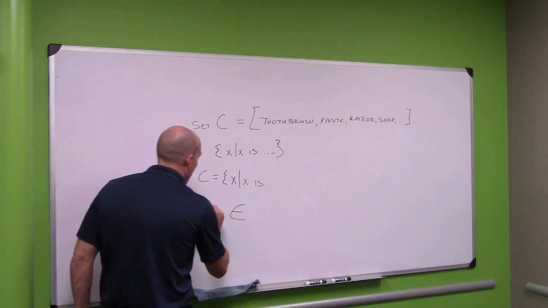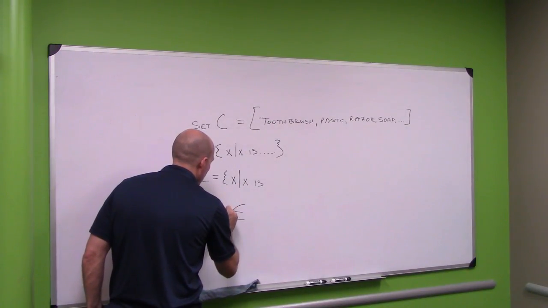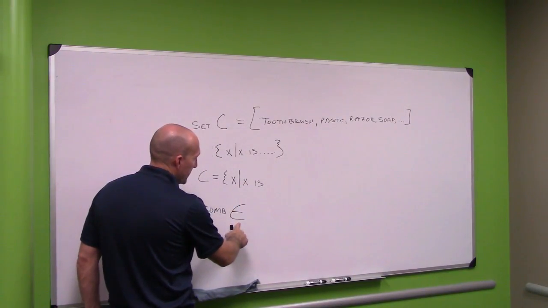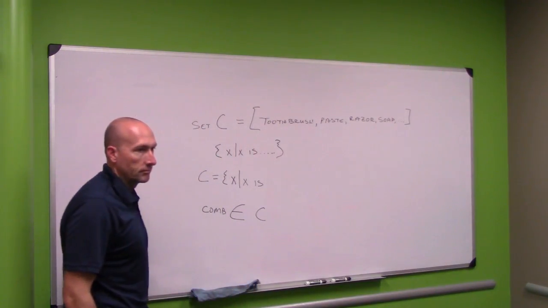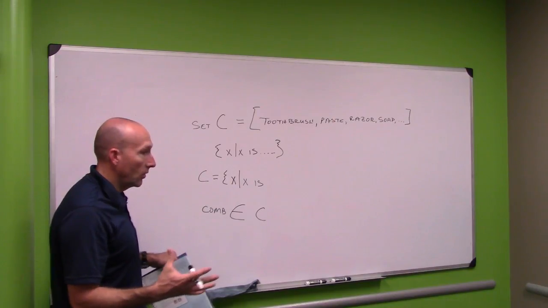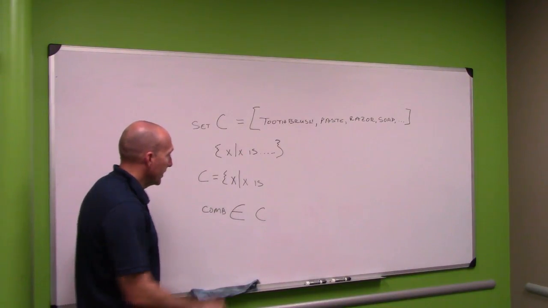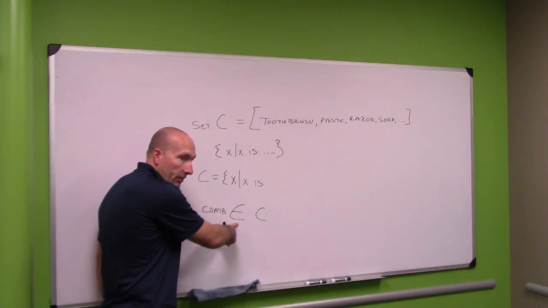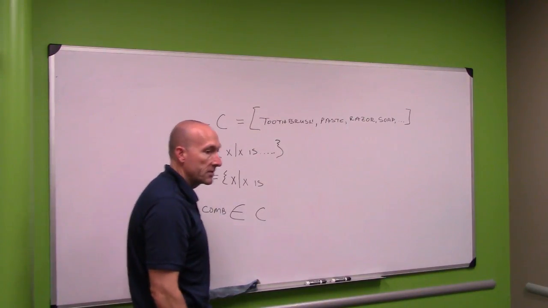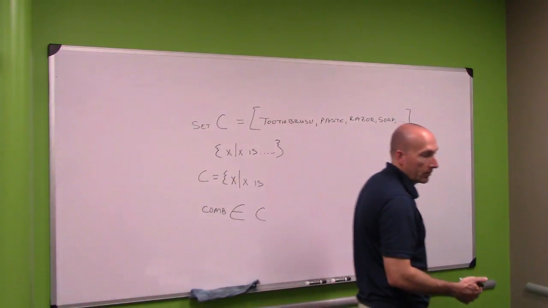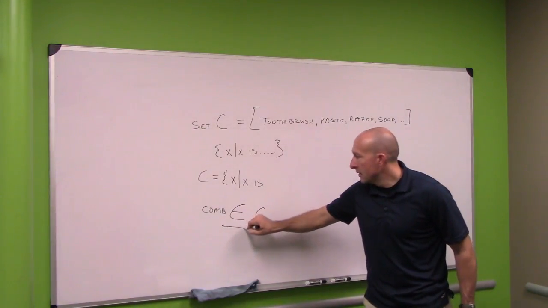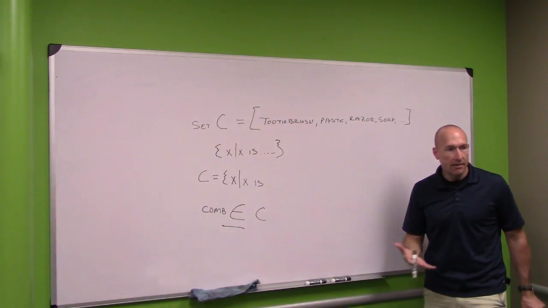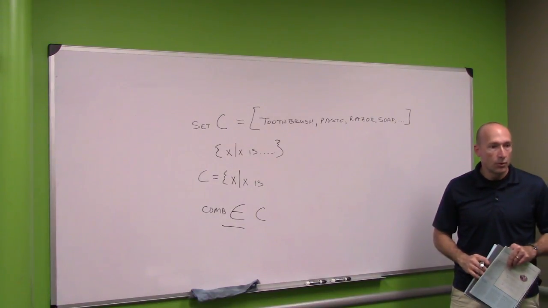So we can say the comb is an element of C, or whatever that whole set is. Now, be very, very familiar with this. This is one of the symbols that you're going to need to remember because you will use it a lot. This right here means it is an element of some group or some set.